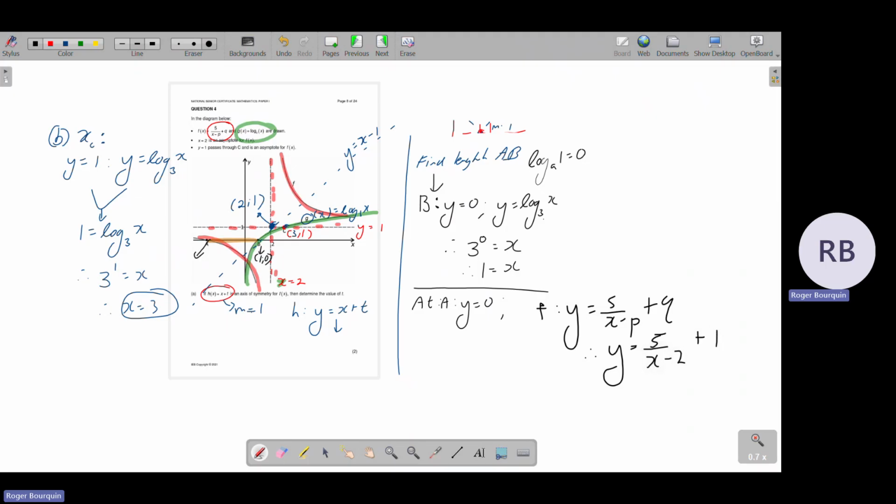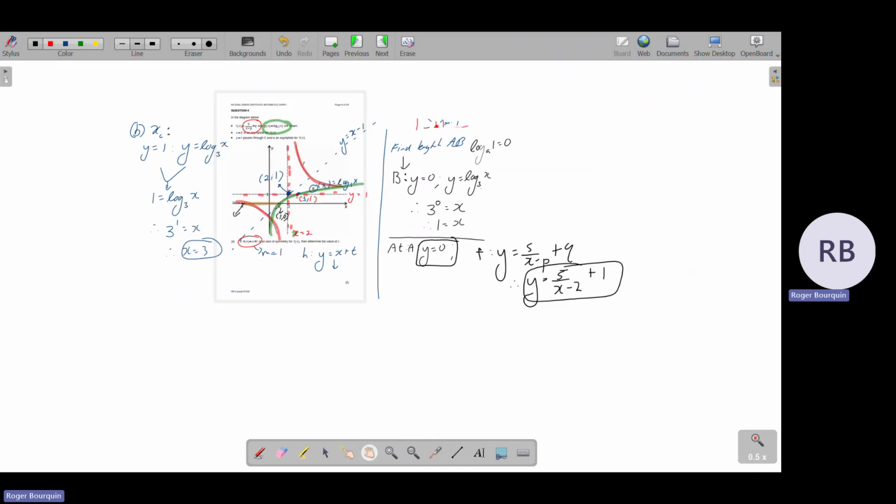Now, what do we always ask ourselves? What coordinate do I know? What graph does it lie on? It lies on that graph, and we know y is equal to 0. Combining those two things, we get 0 is equal to 5 over x minus 2 plus 1.